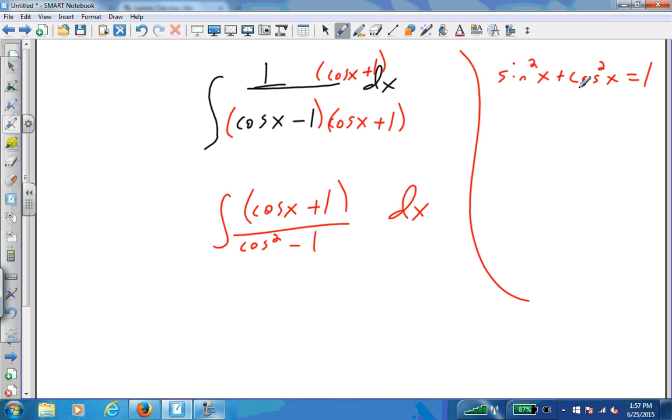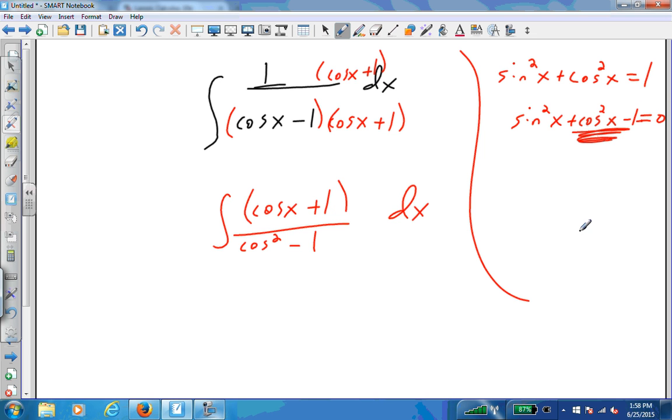So we could do this different ways. We could solve this for cosine squared and then substitute, or we could rewrite this as cosine squared minus 1. Notice, subtract 1 from both sides, and we get sine squared plus cosine squared minus 1 is 0.